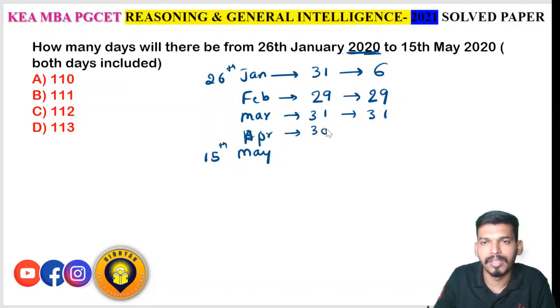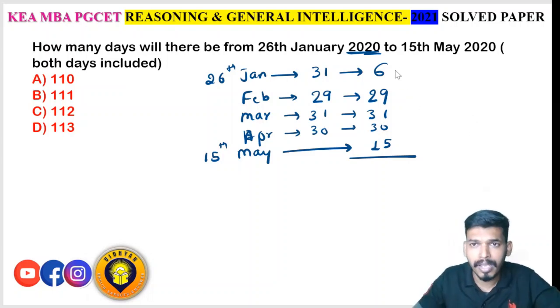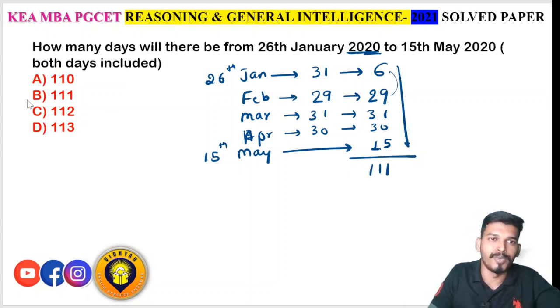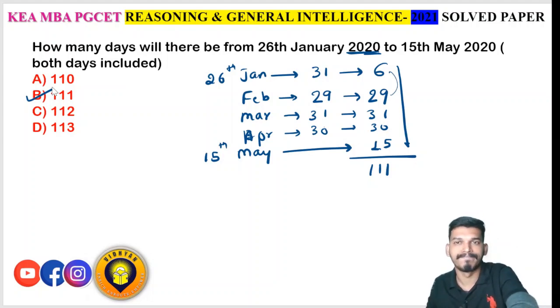Then May till 15th May, so 15 days. Now add: 29 plus 6 is 35, 35 plus 31 is 66, 66 plus 30 is 96, 96 plus 15 is 111. 111 days. Total number of days is 111.